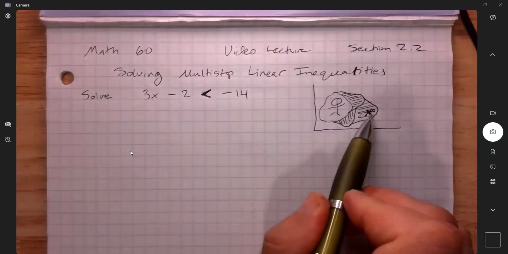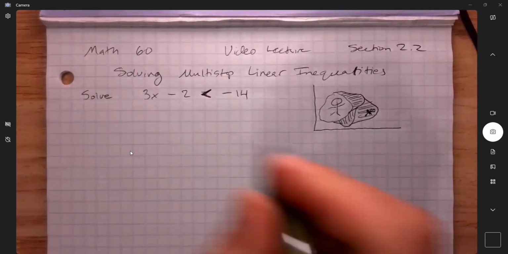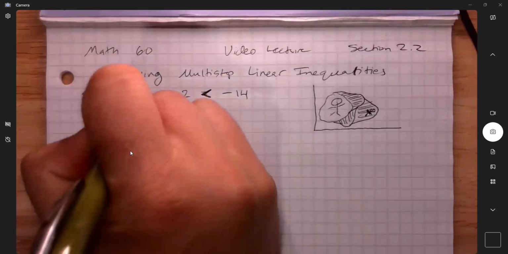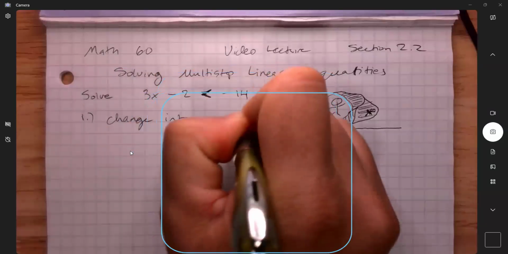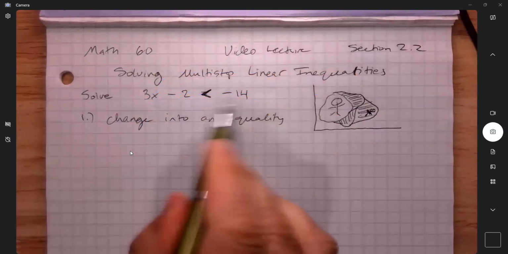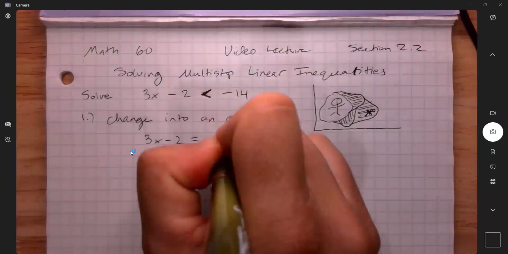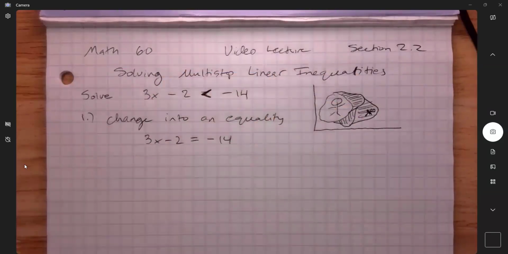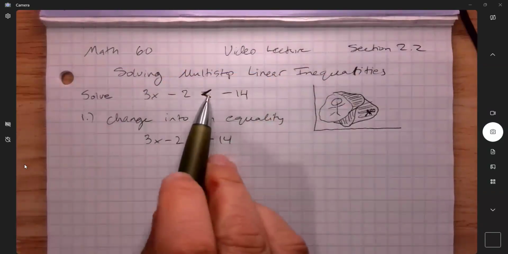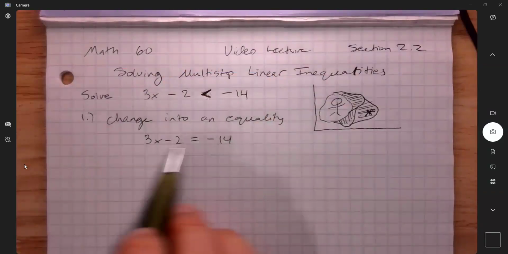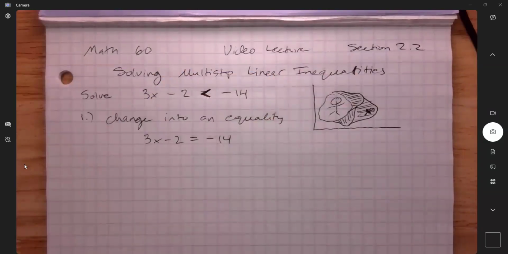So the first thing I'm going to do is something that I know how to do. I'm going to change this into an equality. I'm just going to rewrite it, and I don't want to solve the inequality yet. I'm going to solve the equality. Why? Because I've done that before, because I'm confident with that. Because if there are tricky things in the inequality, at least there probably won't be any tricky things in the equality because I've practiced that a lot more.